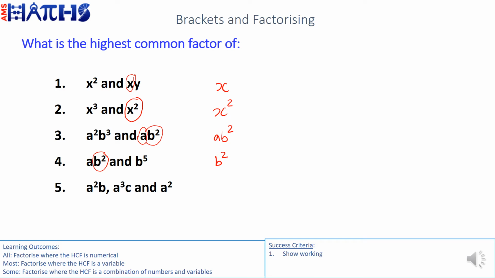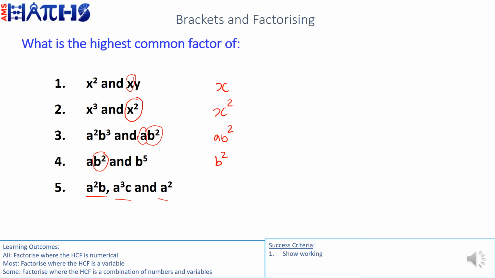Now for number 5, we have 3 terms. We have a squared b, we have a cubed c, and we have a squared. When we look at the 3 terms, the common variable is a. So all we have to do is just check the powers in a to see which one is the smallest, and that will be our highest common factor.